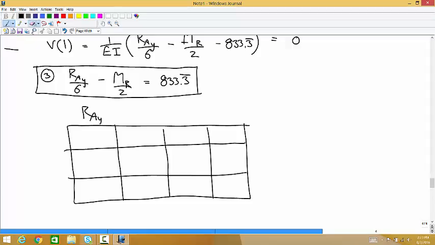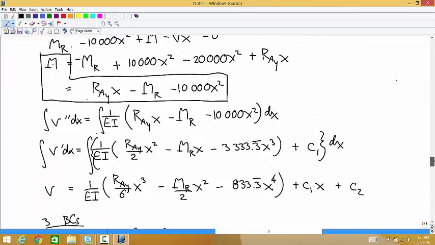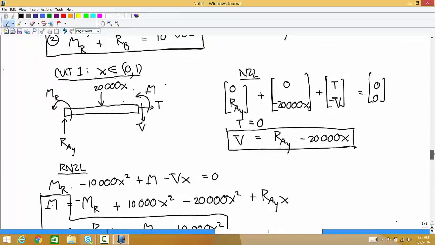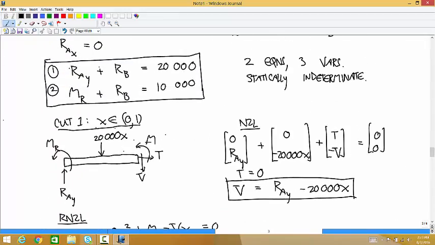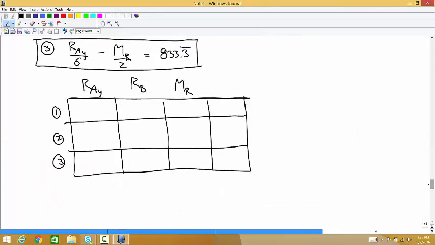Our second variable is R_B. And our third is M_R. And these are our equations. The first equation says R_A y plus R_B equals 20,000. So R_A y, we have one of those. R_B, we have one of those, and the constant is 20,000.